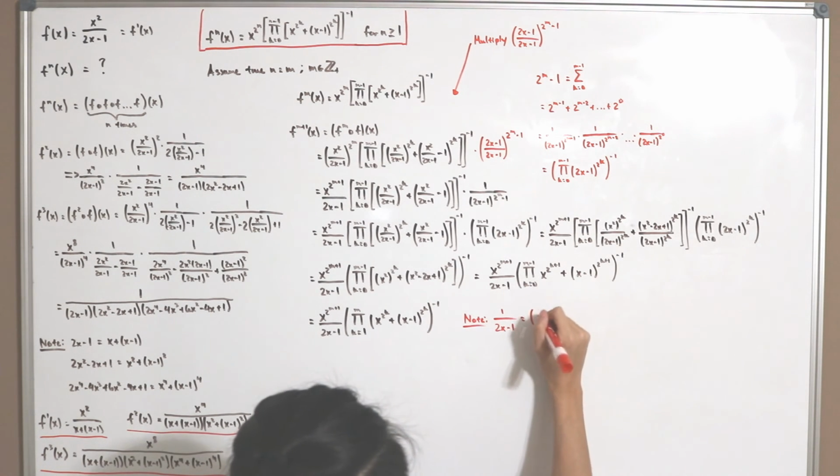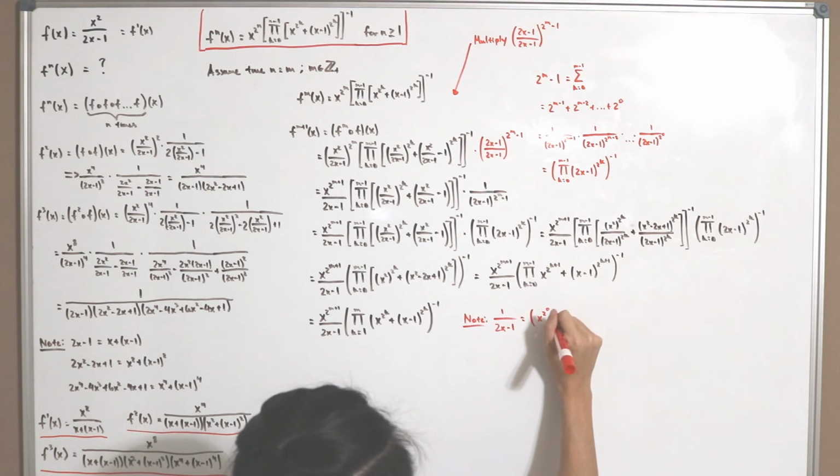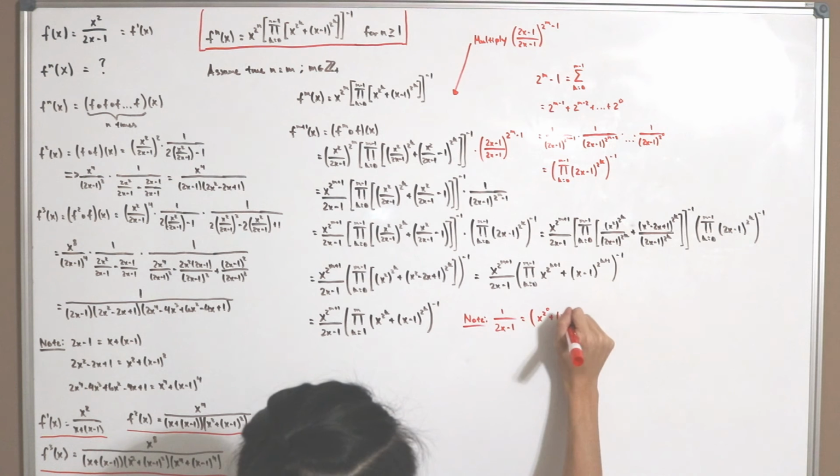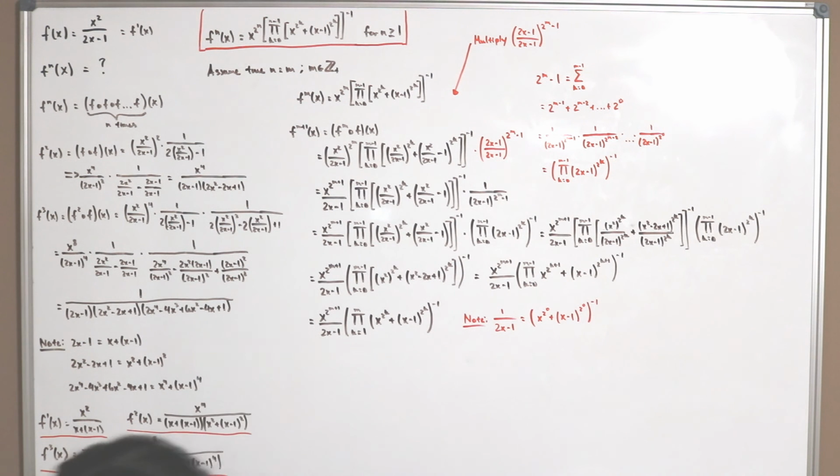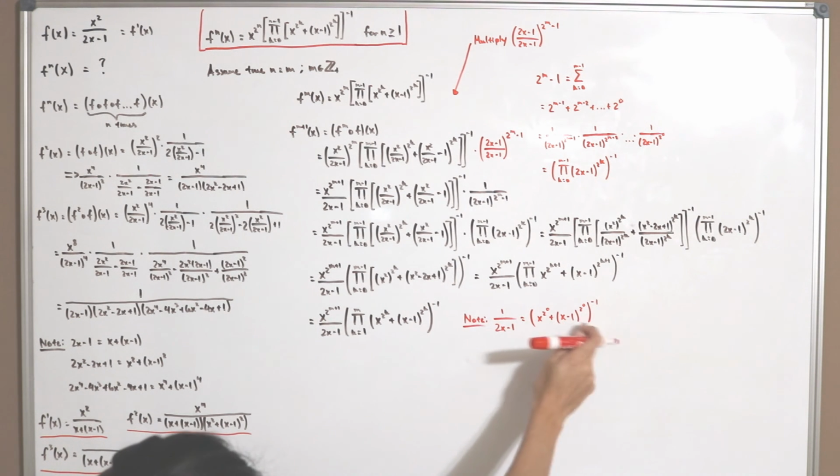So this is x to the 2 raised to the 0, then plus x minus 1, 2 to the 0, and then minus 1. Okay, so notice that 1 over 2x minus 1 is equal to x raised to the 2 with the power 0, and then plus x minus 1. This is just from our same series, but we're just going to let k equal 0.